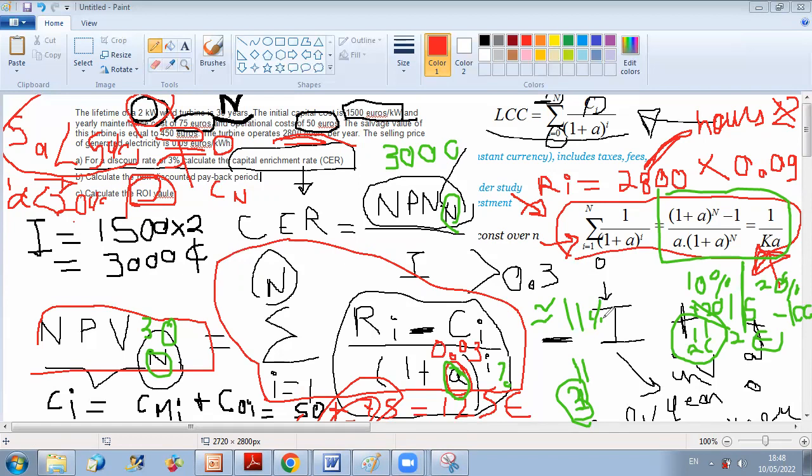I don't mean the ROI, I mean the value of the NPV. The value of the NPV should be close to zero. I told you to recognize when it's enough. If the NPV comes out 3, 4, 5 and your investment is 3000, you are considered nearly zero. It's nothing compared to 3000.